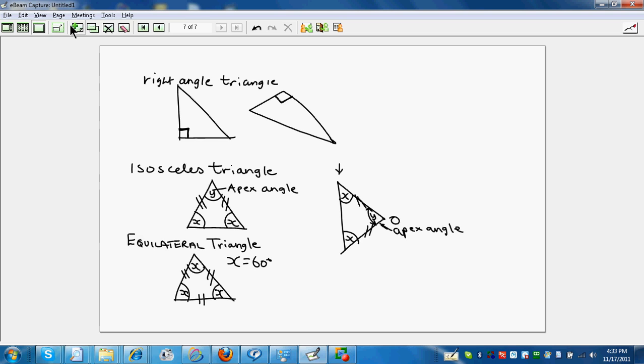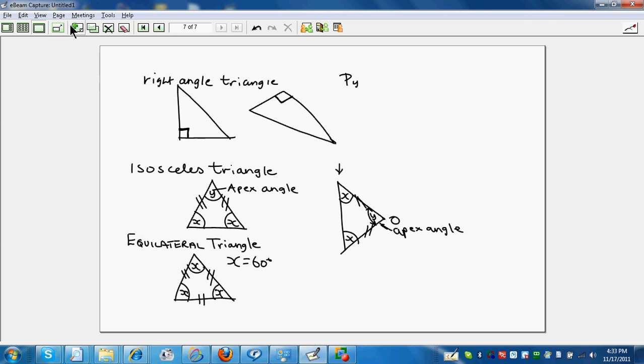Another very important point that is worth noting here is with reference to the right angle triangle. And in the right angle triangle, there's a special law that we need to be aware of, and it's called Pythagoras' theorem. Right?